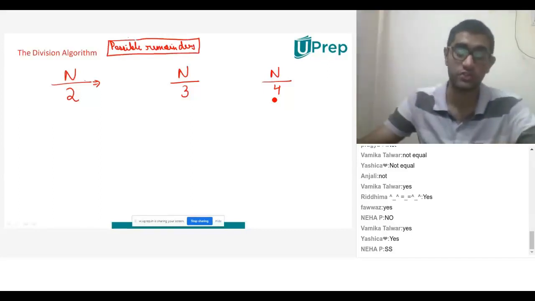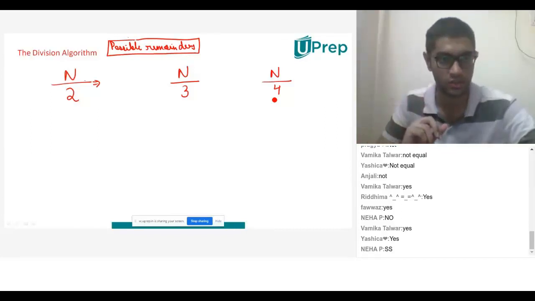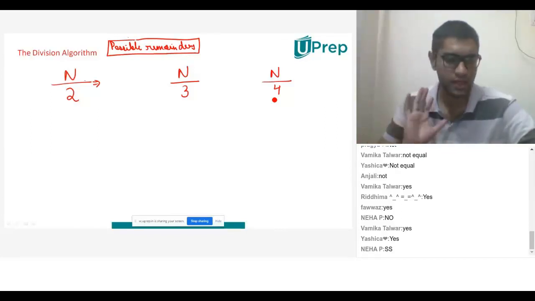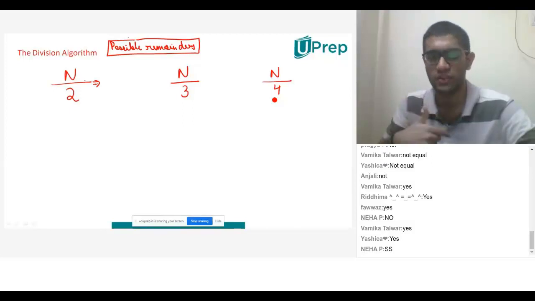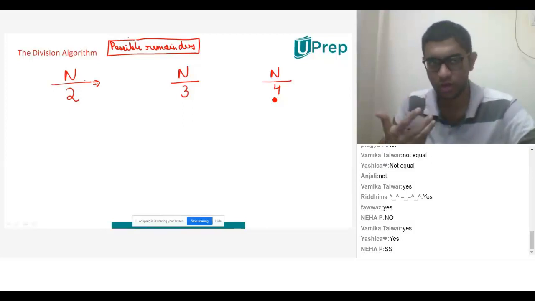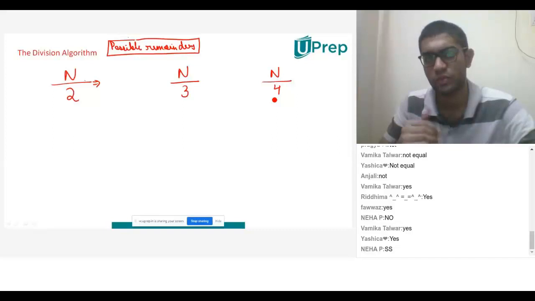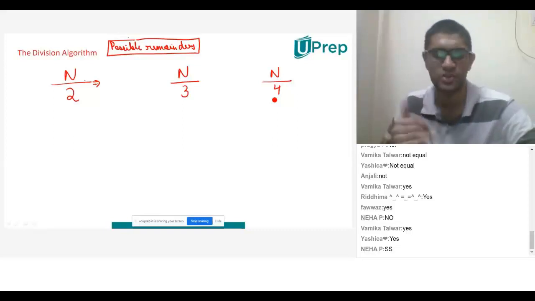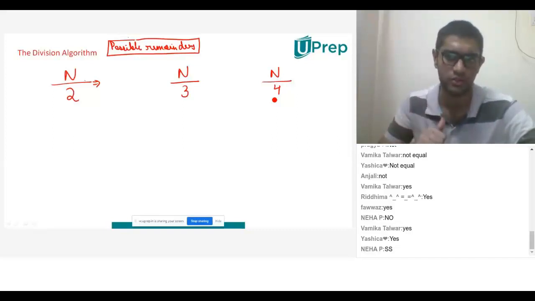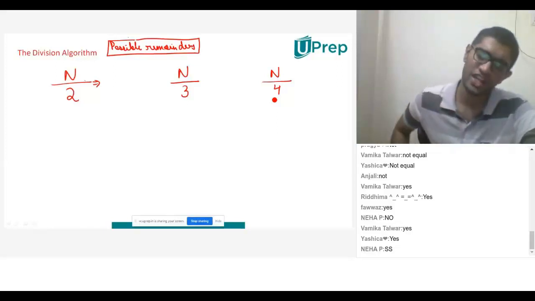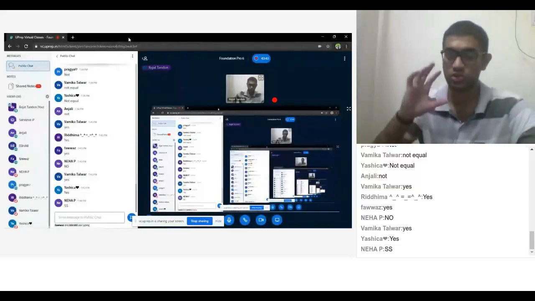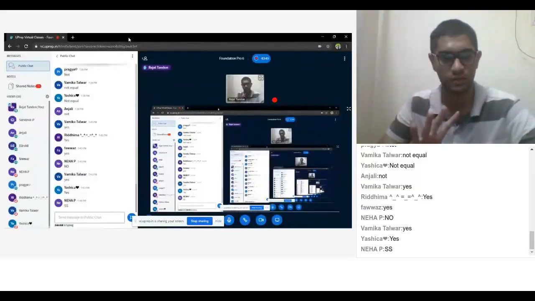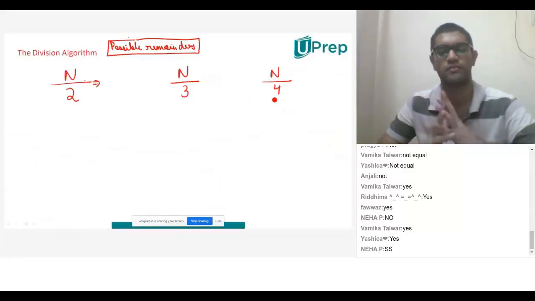Very interesting question. Try to understand what I'm trying to tell you. There is some number n. You take any number of your choice. When I'm dividing it by 2, what are the possible remainders I can get? Or when the same number is divided by 3, what are the possible remainders? The same goes with 4. Anyone who can think or anyone with any answers? Looks complicated, very simple. I will explain, don't worry. But can you think of something?